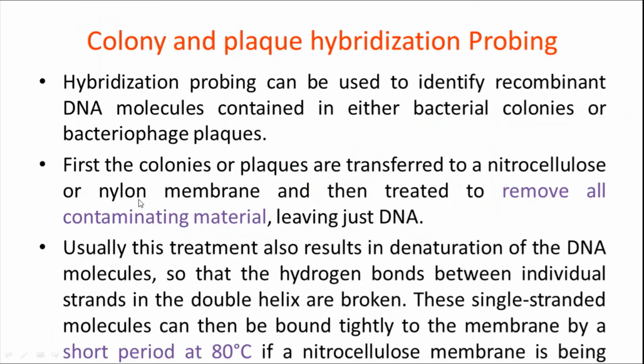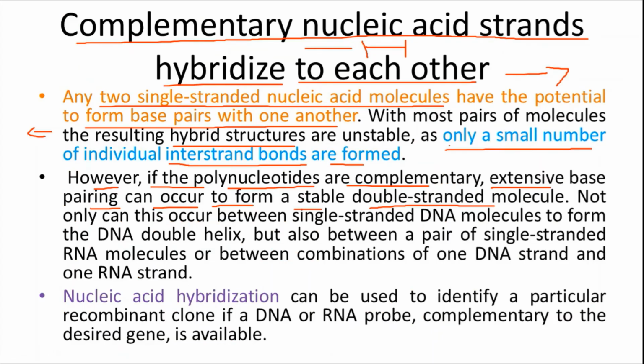Nucleic acid hybridization takes place not only DNA to DNA. It may occur RNA to DNA or DNA to RNA, whatever it is, because both are complementary to each other. If the hybridization conditions are suitable, they can hybridize.